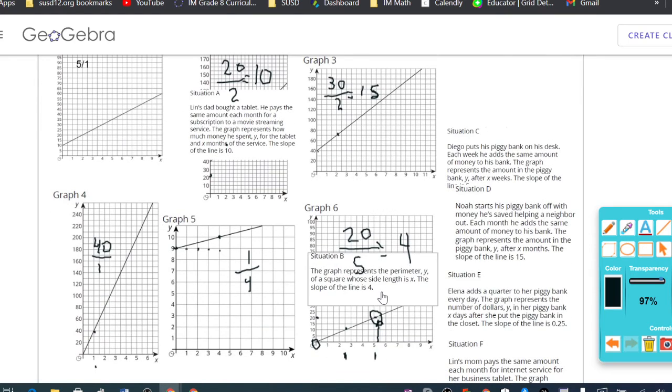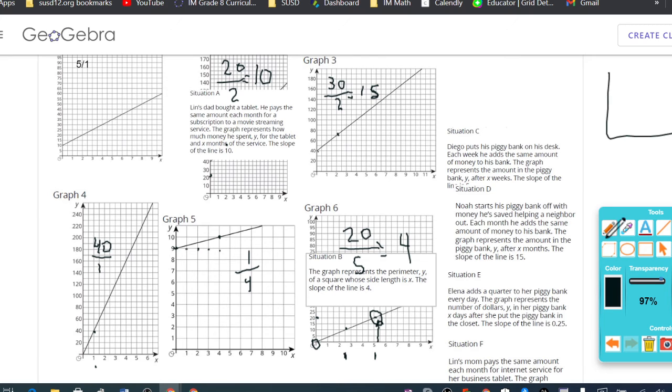Ding! Do you know why that makes sense? Would you like me to show you? Just imagine we're going to graph that square, and X is the side length, and Y is the perimeter. Well, what is the perimeter of a square? It's X plus X plus X plus X.